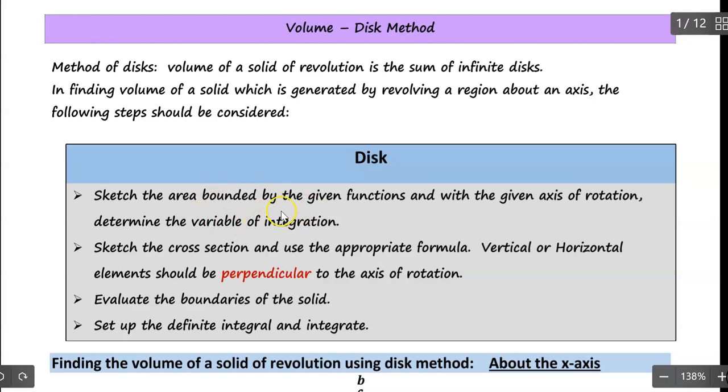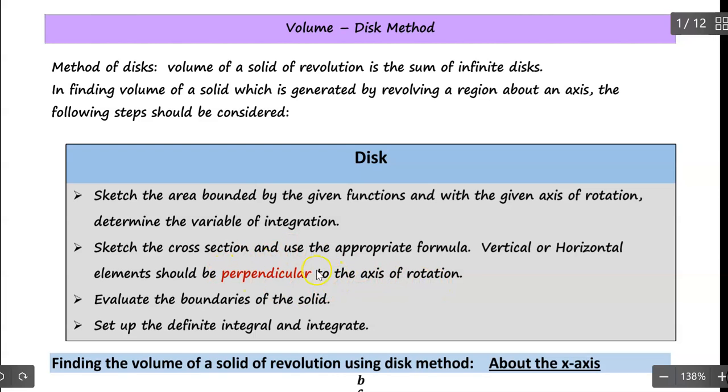That means you have to integrate in terms of x or in terms of y. Step number 2 is to sketch the cross section and use the appropriate formulas. So which formula do we use? Vertical or horizontal elements should be perpendicular to the axis of rotation.